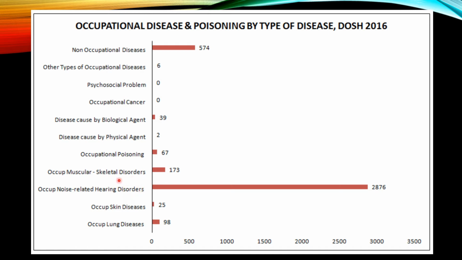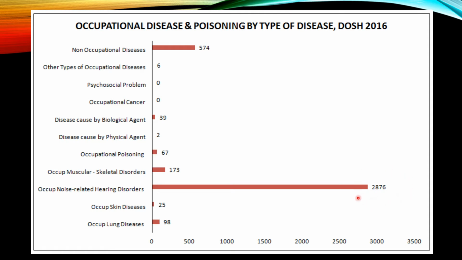The champion would be occupational noise related hearing disorders. So you can see the magnitude of the difference between noise induced hearing loss and other types of diseases or poisoning cases.